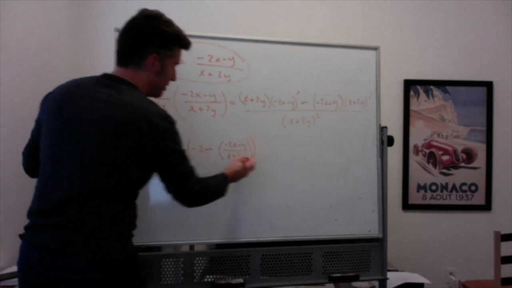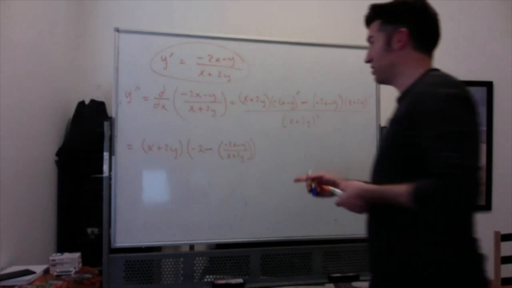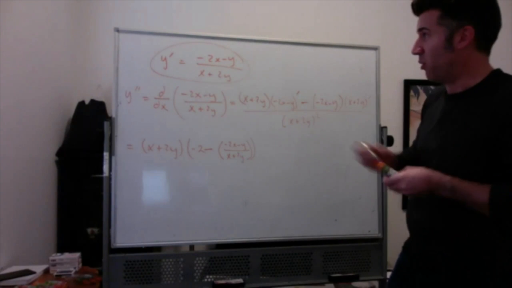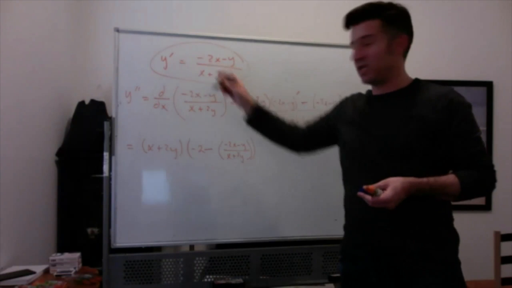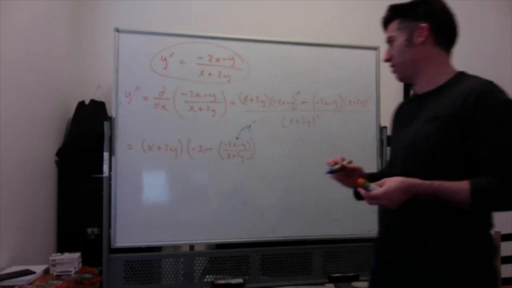So the hard part about the second derivative is whenever you take the derivative of y again, the derivative of y is y prime, but we know what y prime is, so we have to substitute that in. That's my y prime right there.